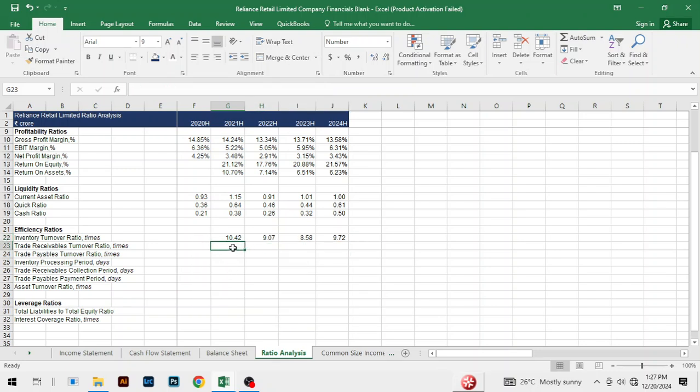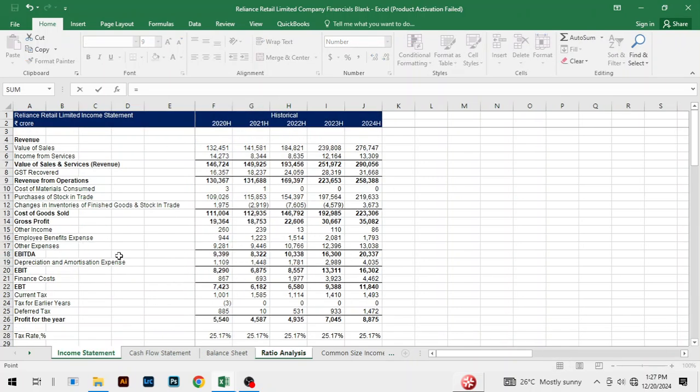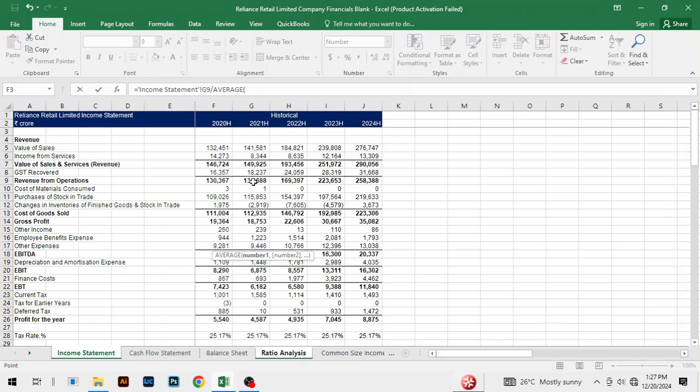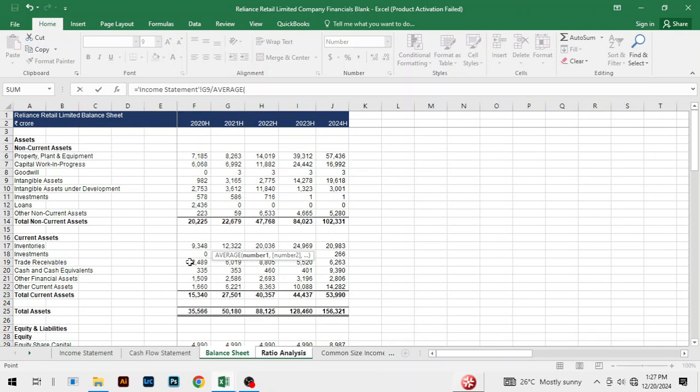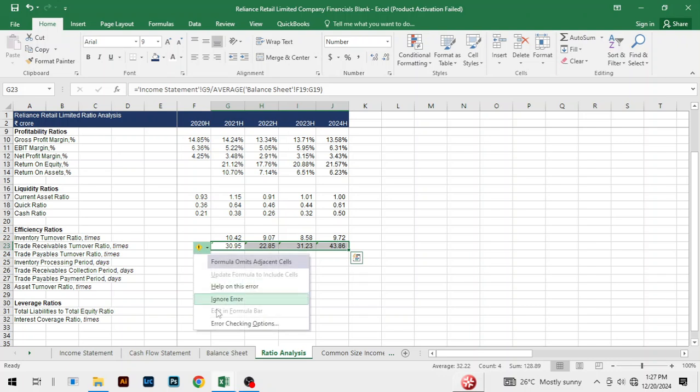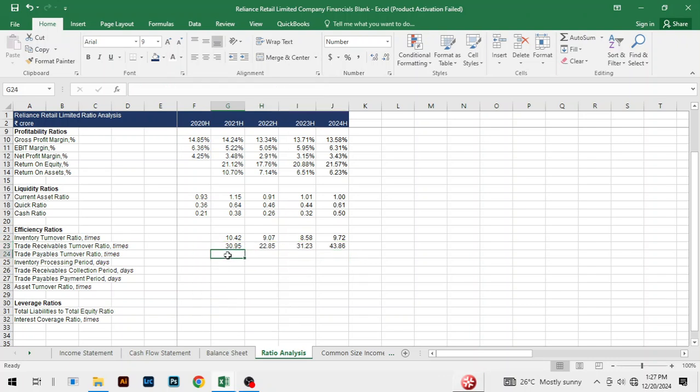And here for trade receivables, we divide sales by average trade receivables. So we pick the revenue, that's revenue from operations here for 2021, and we use the average formula here. So we come here and we take the average for trade receivables, and then we copy that to the right, and we do the same here, cost of goods sold divided by trade payables.